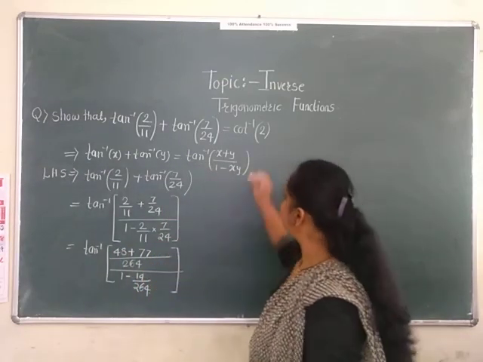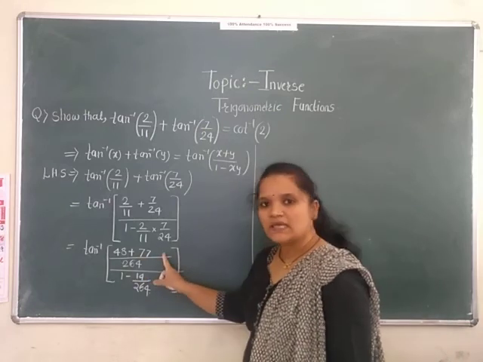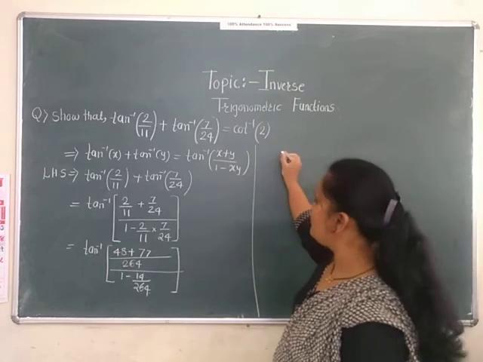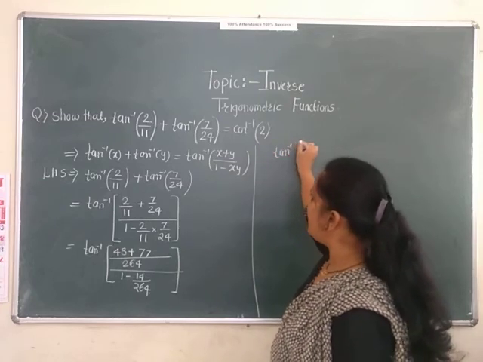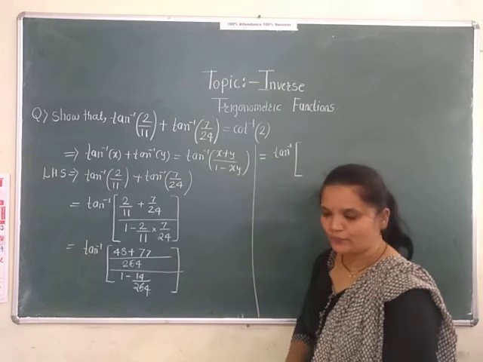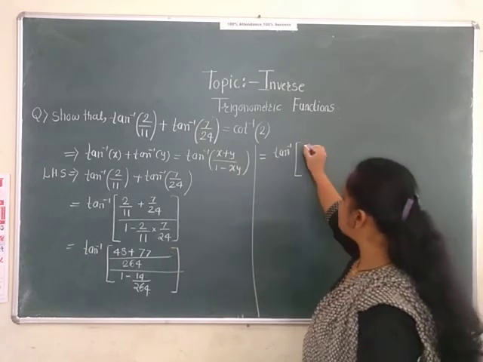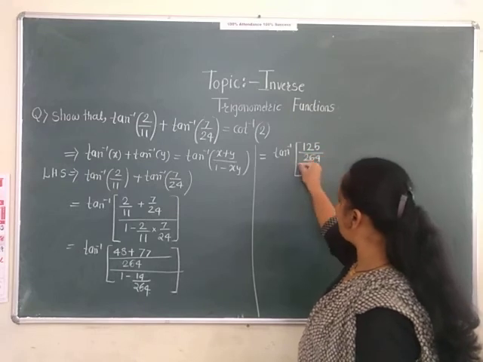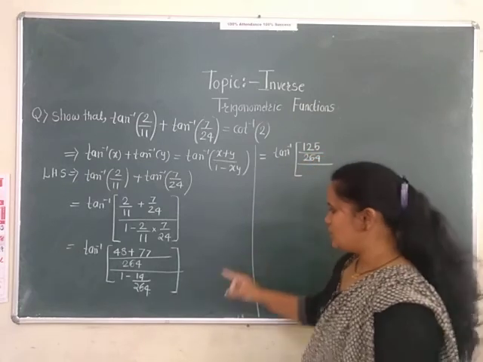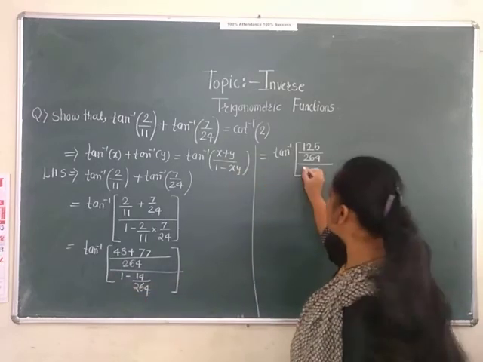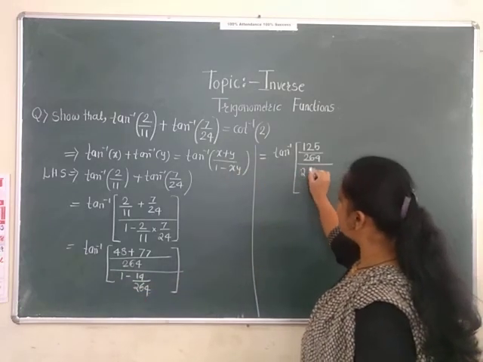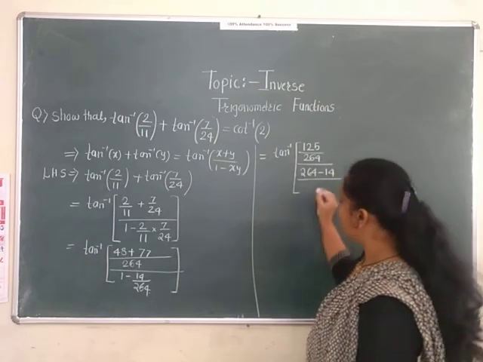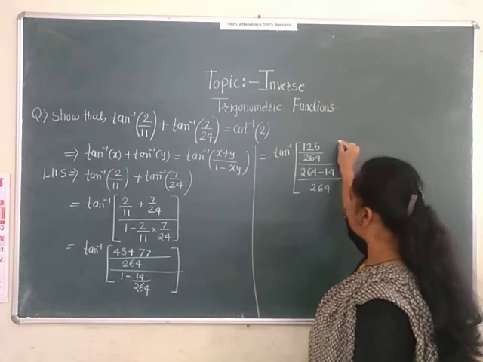Then add these terms. It is equal to 48 plus 77, which gives you 125. That is equal to tan inverse of 125 divided by 264 upon, now 264 into 1 gives you 264 minus 14 divided by 264.